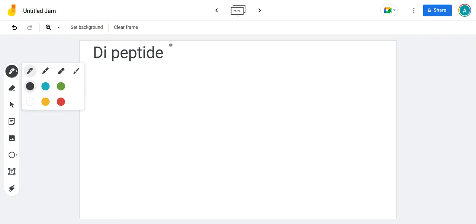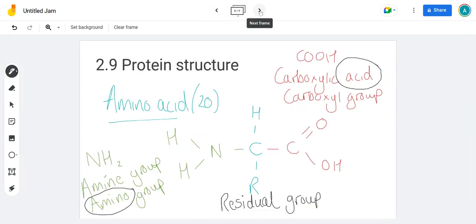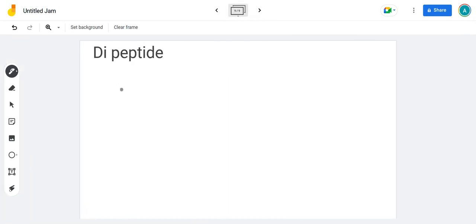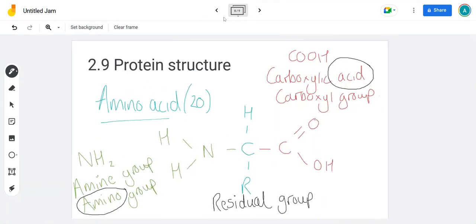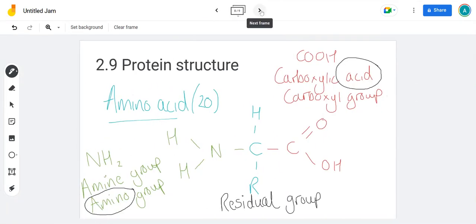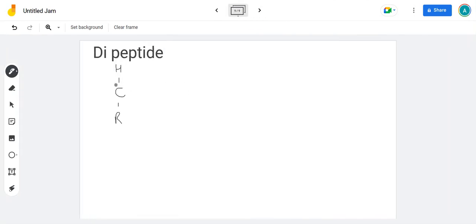So remember the structure from here. You've got your carbon in the middle, H at the top, R underneath. Then on the left-hand side, we've got our NH2, and on the right-hand side, we've got our COOH. So the left-hand side, NH2, and on the right-hand side, C, double bond to the O, single bond, OH.